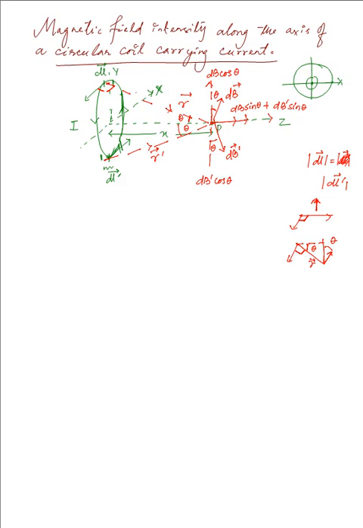Now why do they cancel out? Because dB and dB prime will have the same magnitude. Let's see what their magnitude is in the first place.